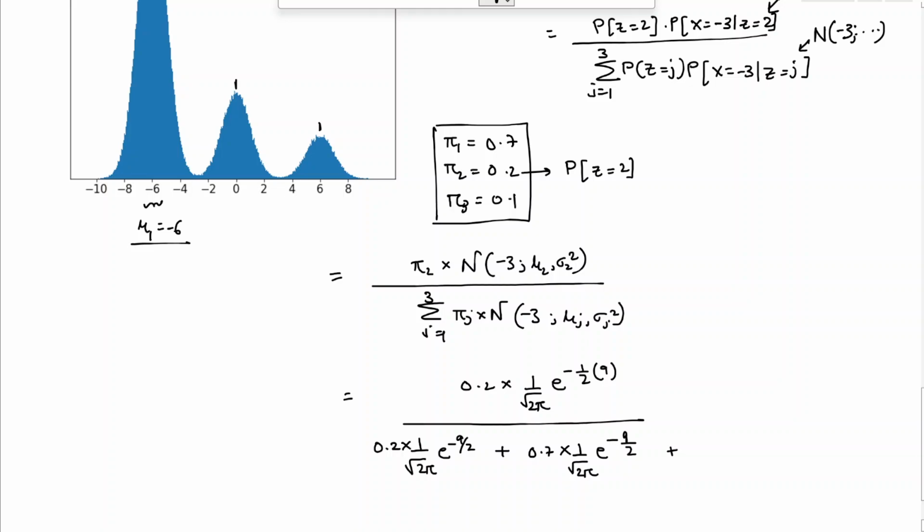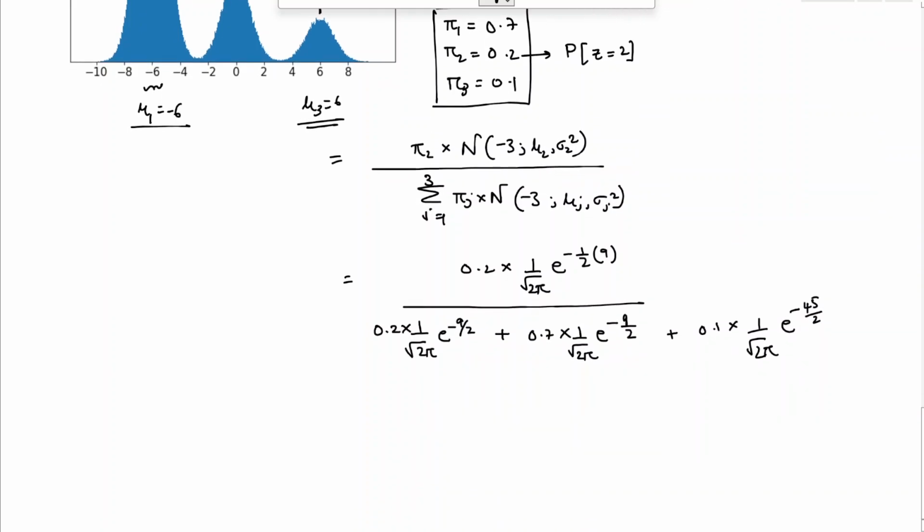Now if we look at the third mixture, we have 0.1 into 1 by under root 2 pi e to the power minus, again since mu3 is equal to 6, minus 3 minus 6 is minus 9, and the square of that is 81, so that is minus of 81 by 2, right?